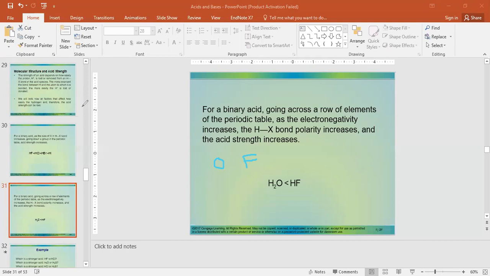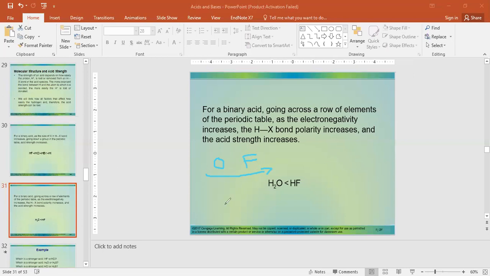Across the period, oxygen is more electronegative than fluorine. Pardon? No, fluorine across is more electronegative than oxygen. We would expect the electronegativity to increase in that direction, isn't it? Yes. So this is more electronegative.